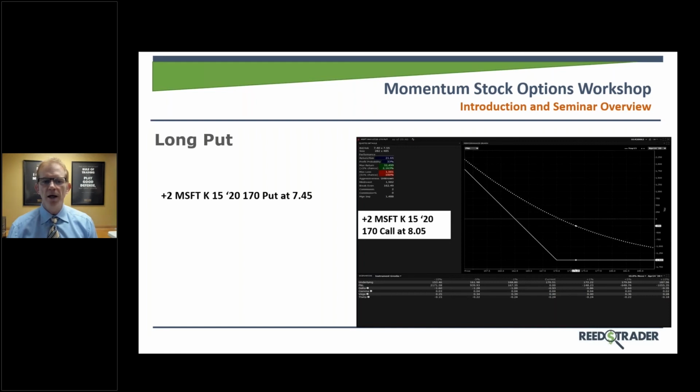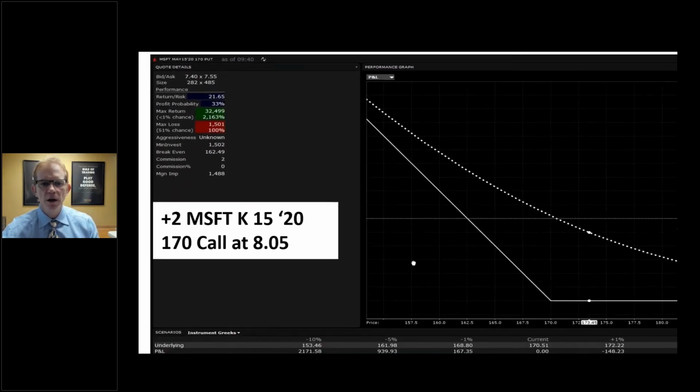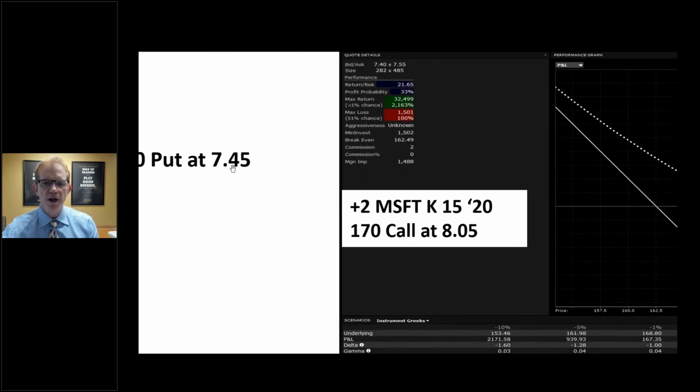So let's look at Microsoft here. I apologize, this is an error. So we're buying a Microsoft May 15th, 2020 expiration, 170 put at 7.45. Here, 7.45 times 2 is $1,490.